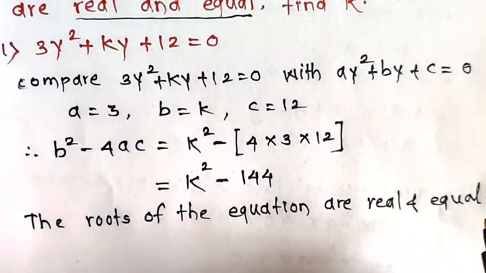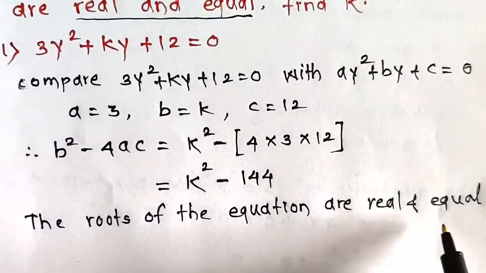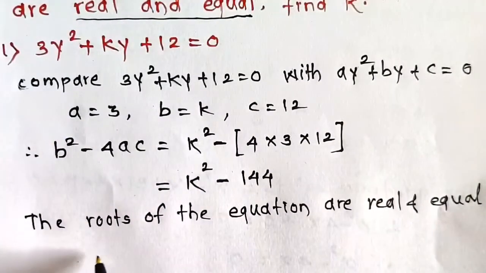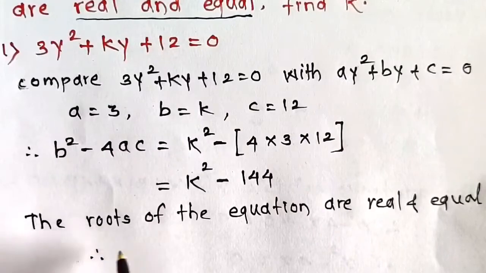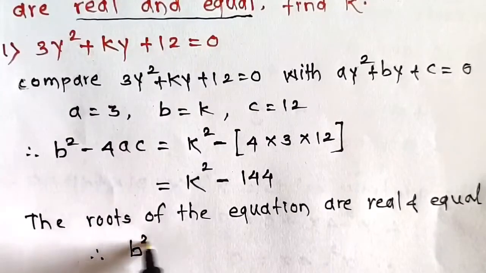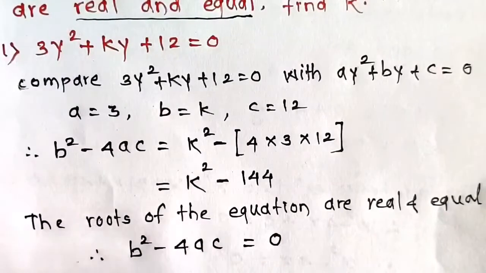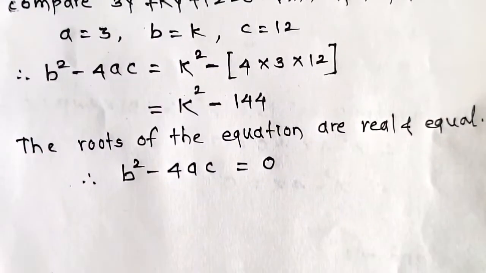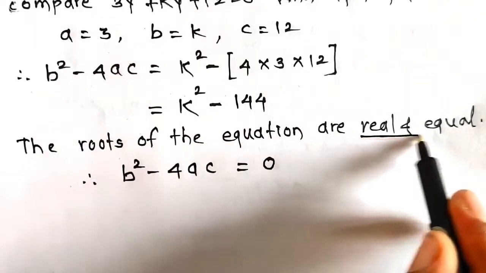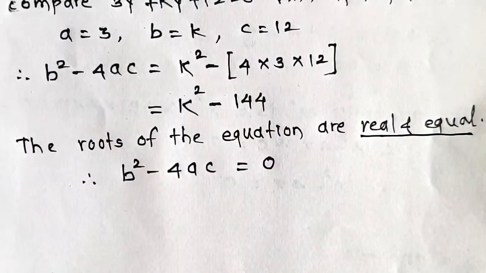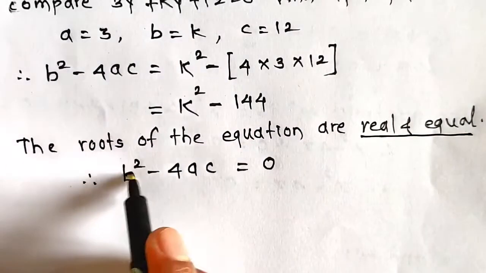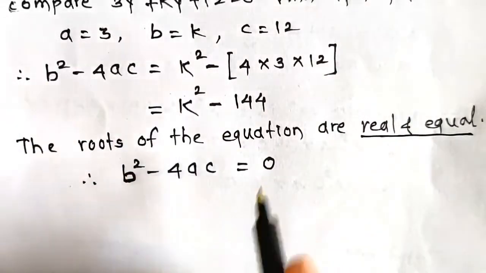This condition tells us roots are real and equal means b square minus 4ac. Therefore the value of b square minus 4ac must be 0. So here this is important. The roots are real and equal, that is given. Therefore what we conclude? Therefore this b square minus 4ac is 0.